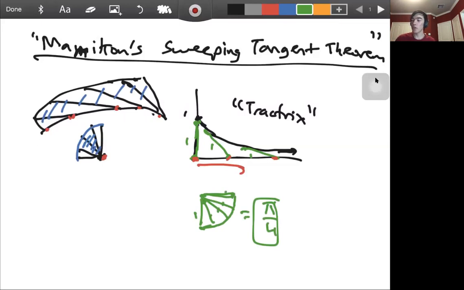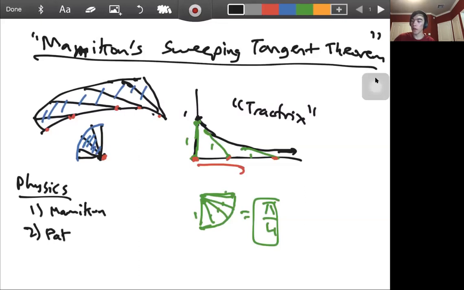Here, the physics principles I'm using are, one, the Mamikon theorem, which is debatable as physics, and two, velocity is tangent to the path.